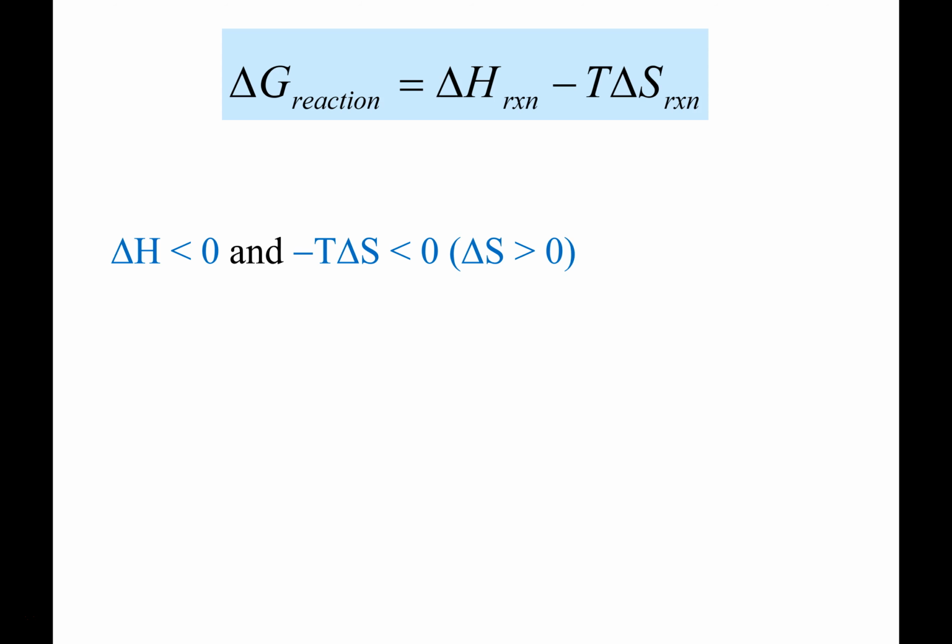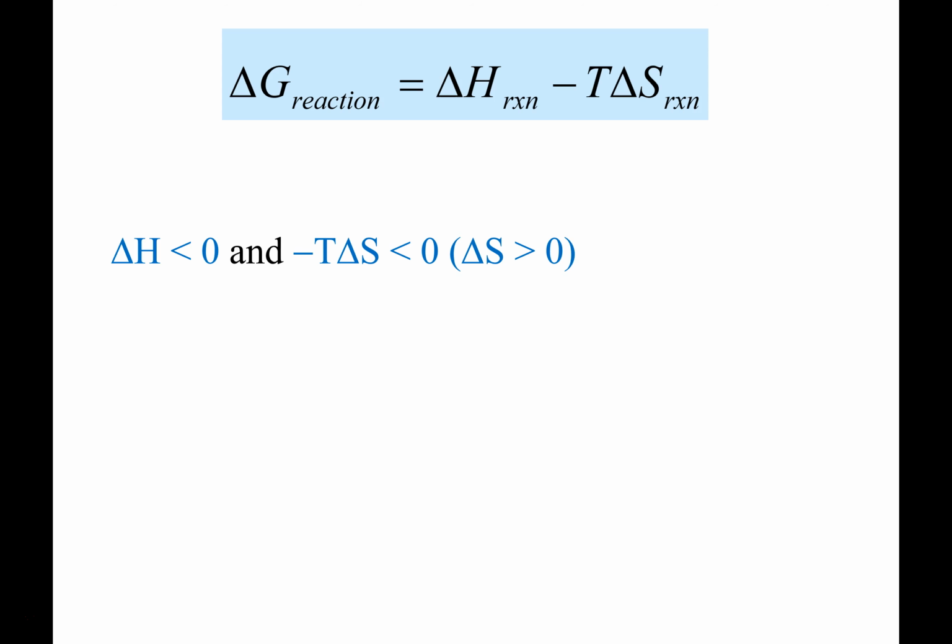Okay, I wanted to get to this part, and I got a few minutes, so I think I'll get to it. We looked at some scenarios where, with regard to one aspect, it was spontaneous, but with regard to the other aspect, it was not. What if your delta H is negative, that means it's exothermic, and your delta S is positive, that means it's becoming more disordered.